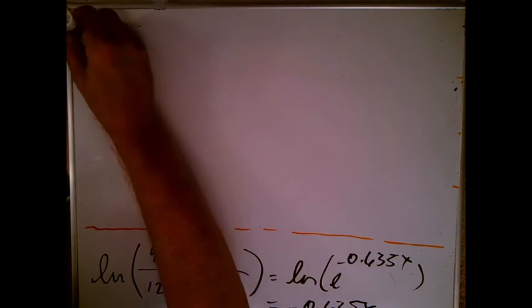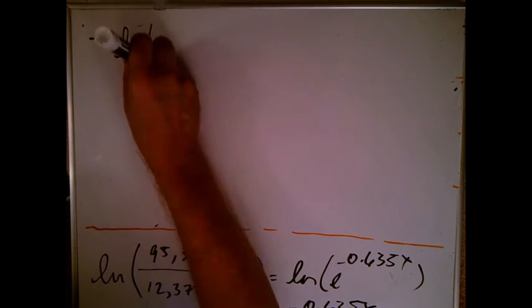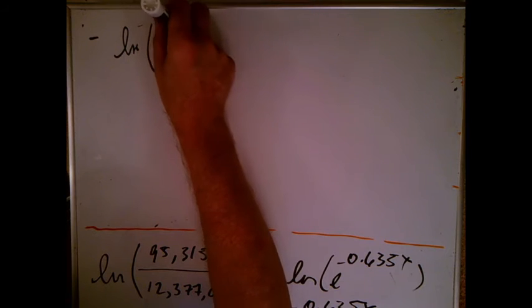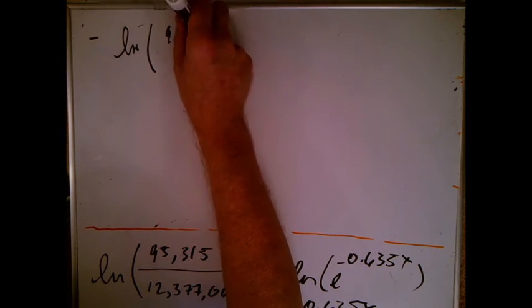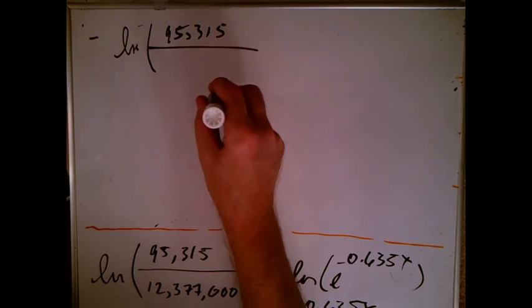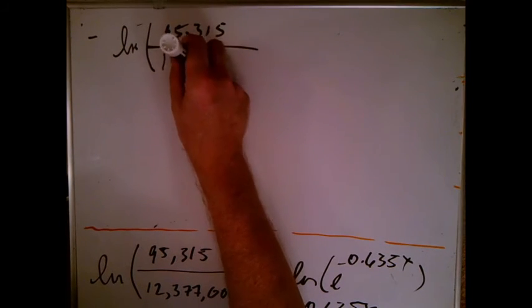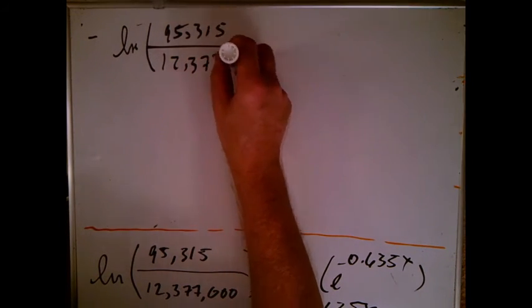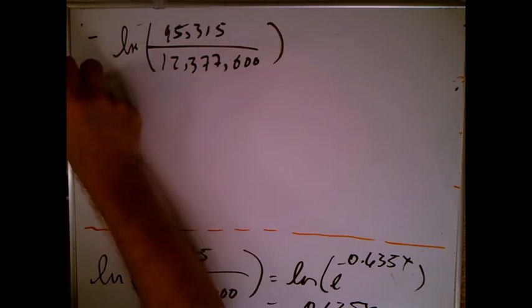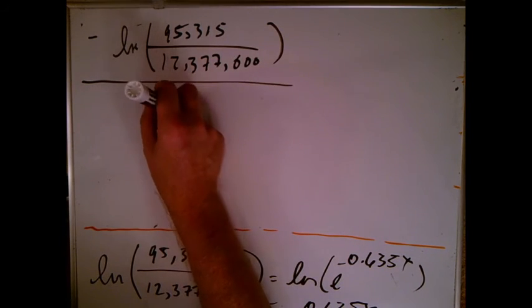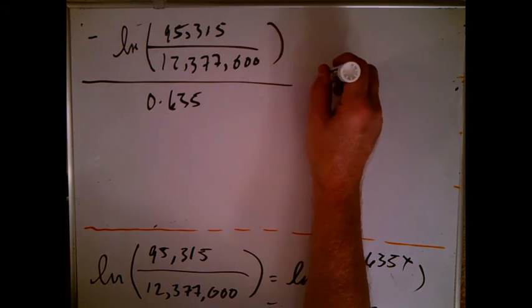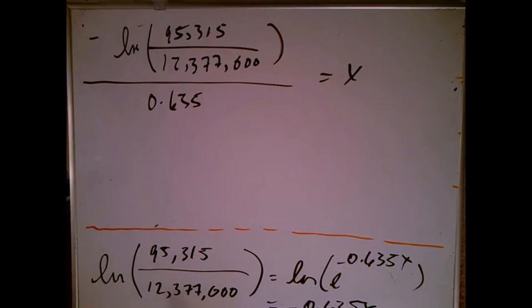I'm going to get negative the ln, what is after all actually a tiny fraction, 95,315 divided by a huge number, 123,770,000, and then all of that divided by 0.635. And that equals x. That should be the exact number of days it took, if it's defined, for 100,000 people to be hospitalized with the swine flu.